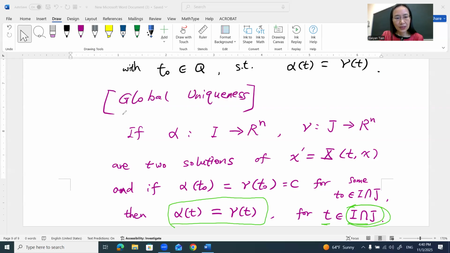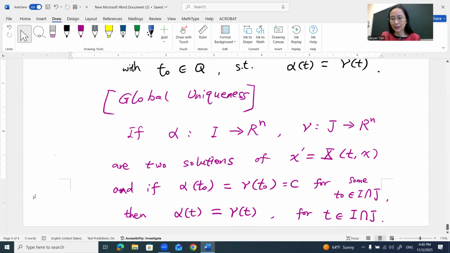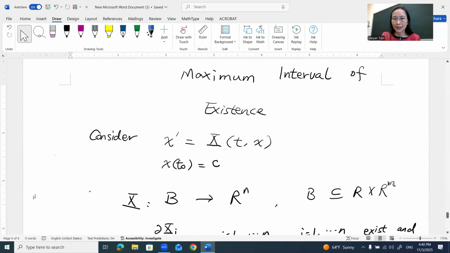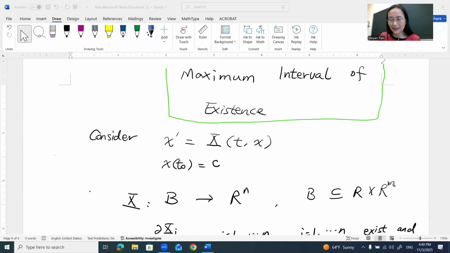So this is a global uniqueness of the solution of the initial value problem. And now there's another concept, the maximum interval of existence.